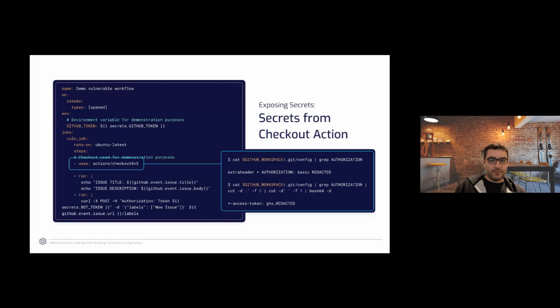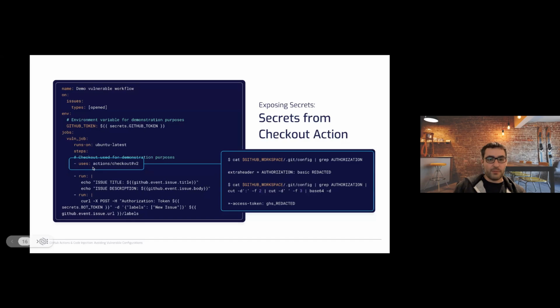The second method is because we did the checkout for the repository code. Behind the scenes, it runs the git clone command. Whenever you make a git clone, you also create a .git/config file. And this action also uses the GitHub token behind the scenes.